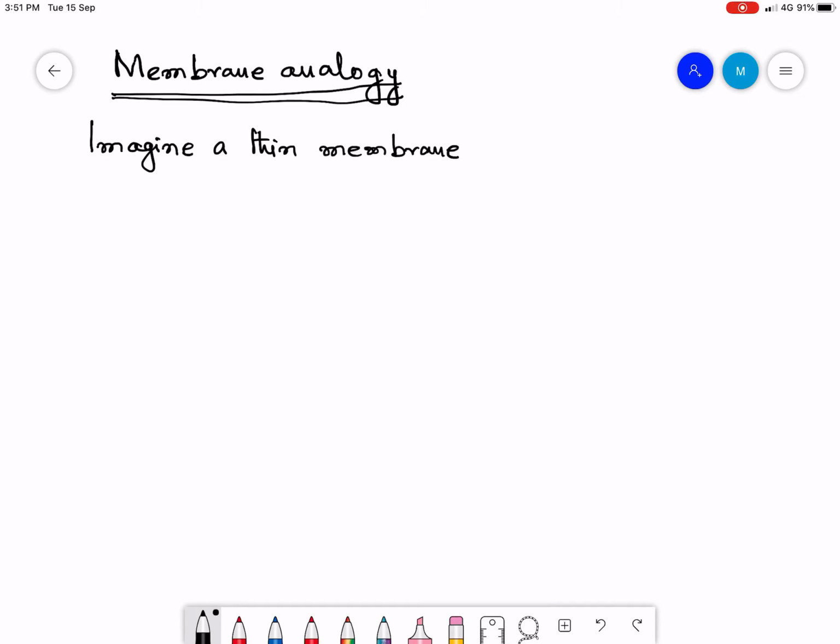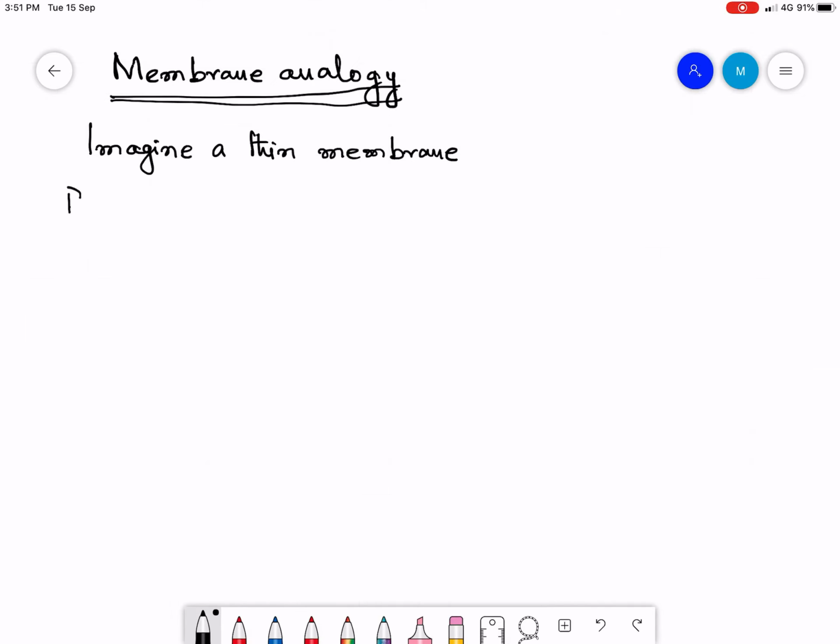So the first thing that we have to imagine is that the shape of the membrane is same as the cross section of the shaft under torsion.